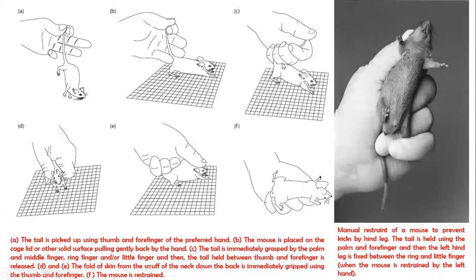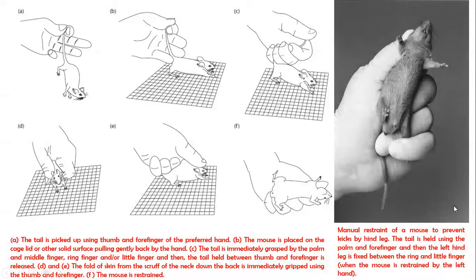Third one is the tail is immediately grasped by the palm and the middle finger, ring finger and the little finger, and then the tail held between thumb and forefinger is released. Fourth and fifth: the fold of the skin from the scalp of the neck down the back is immediately gripped using the thumb and the forefinger. And last one is the mouse is restrained.